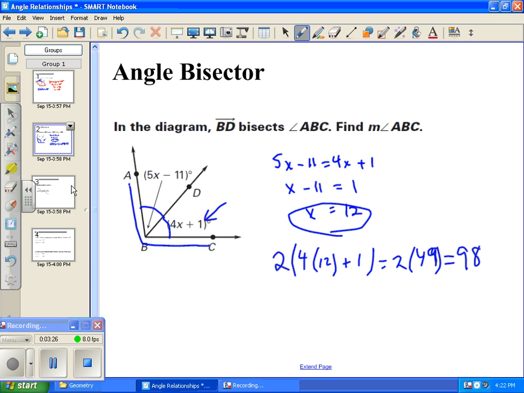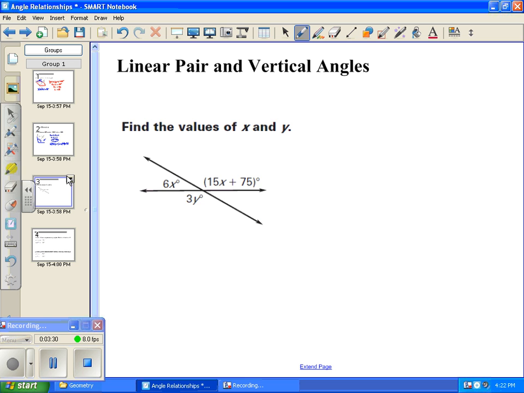The next type of relationship that we have are linear pair and vertical angles. In this problem, we want to find the value of x and y, and we're going to use both kinds of relationships. A linear pair is two angles that are adjacent to each other, and they add up to 180.